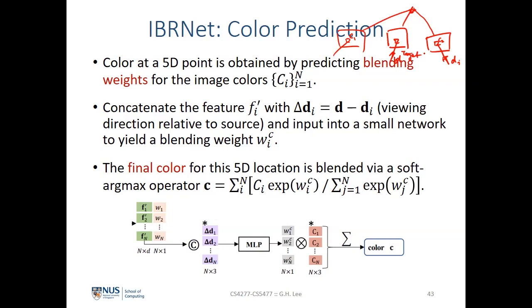This point here would be taking the weighted sum of all the colors that I collect from the multiple views. But this weighted sum is not the color that I'm going to render here. It's just the color on that point.